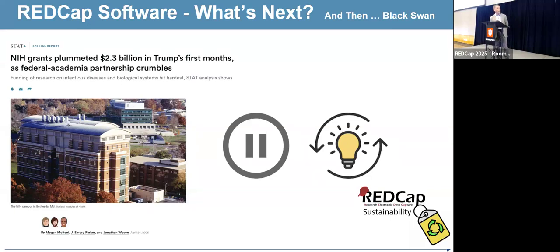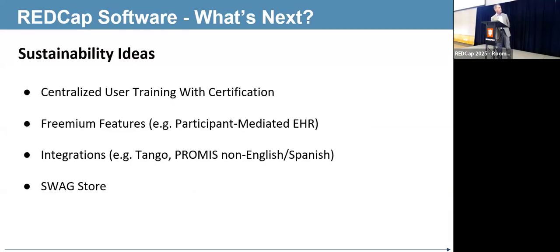So we're really trying to figure out ways that we can maintain the model that we've created, where we can provide REDCap at no cost to every academic, nonprofit and government organization that wants it, but also figure out some ways to not be so reliant on grants to fund the work. None of this is set in stone, but it's just some things that we've been thinking about.